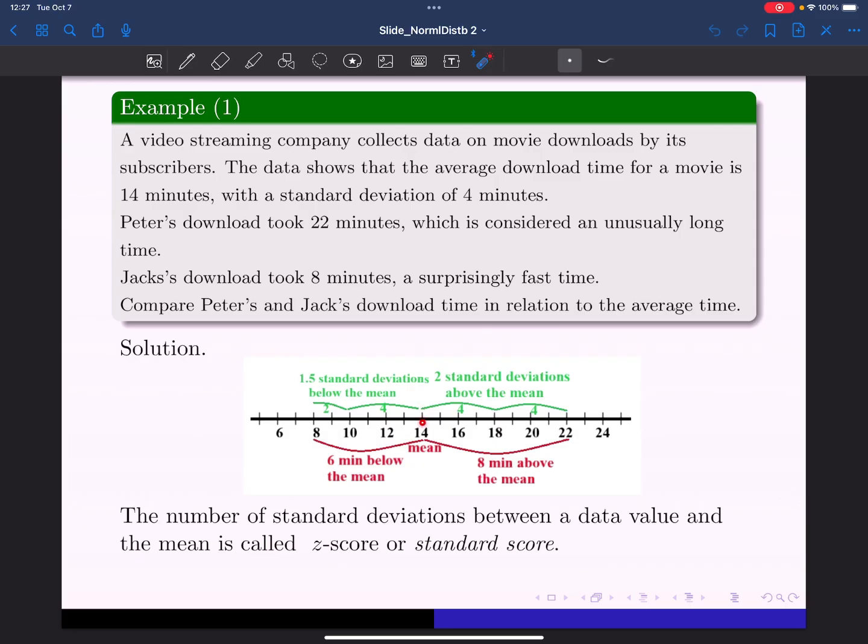Now, our data could be above the mean, or it could be below the mean. So then this number 2 would be the z-score. If you go to the right side, it would be positive. And if you go to the left side, the z-score would be negative.